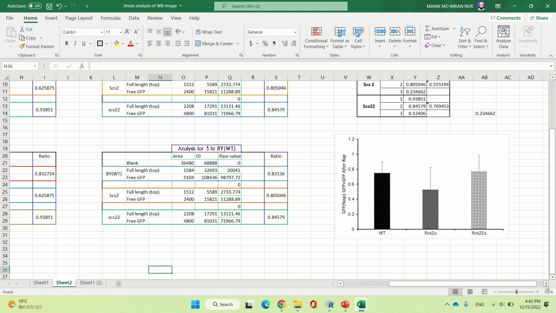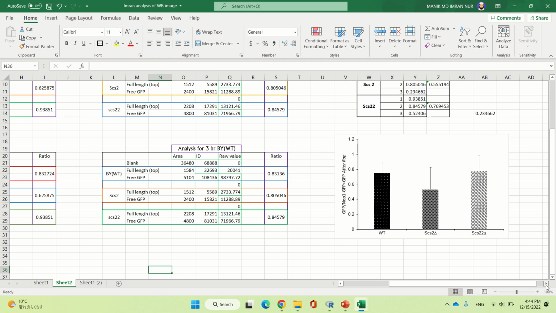But this does not show where the difference is. Where the difference is, then you have to execute the multiple comparison.